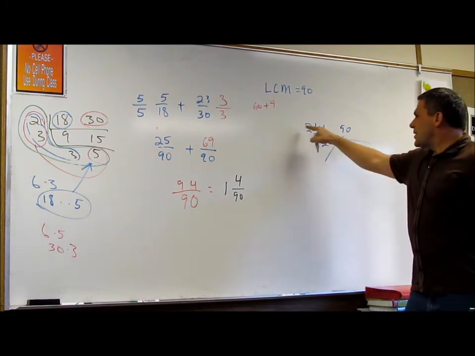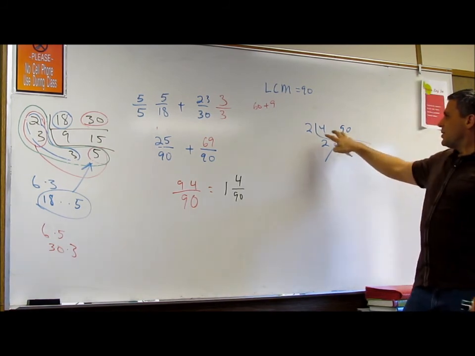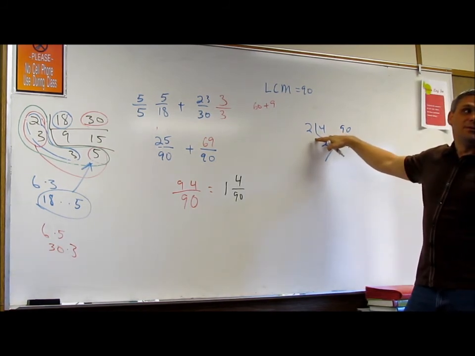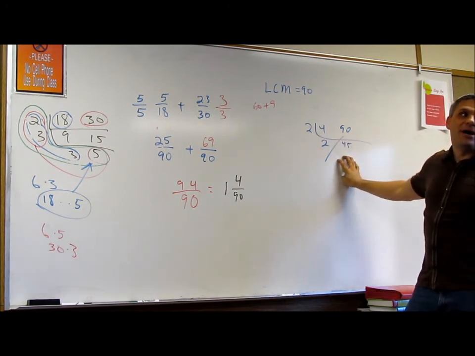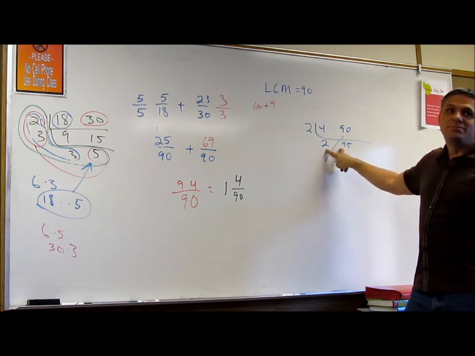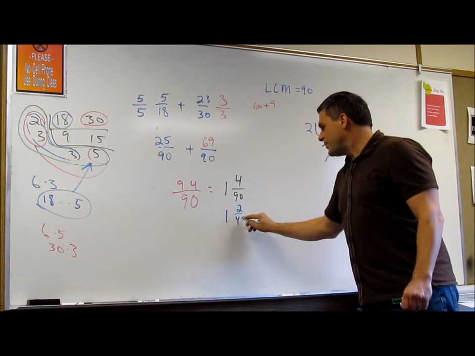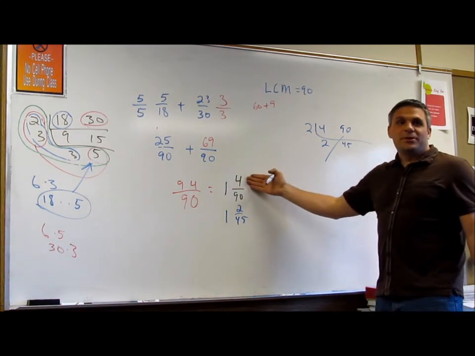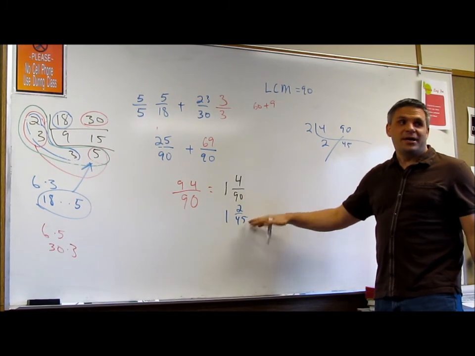By taking these two numbers and putting them into our little prime factorization, we were able to reduce our fraction right away. And it's what's left on the bottom. It's 1 and 2/45. Because 2 goes into 4 twice, and 2 goes into 90 45 times.